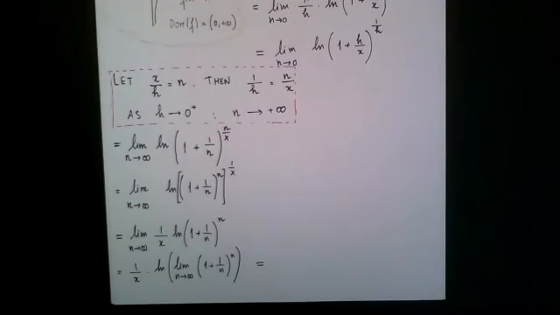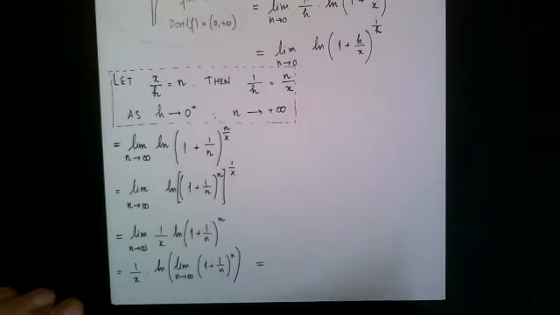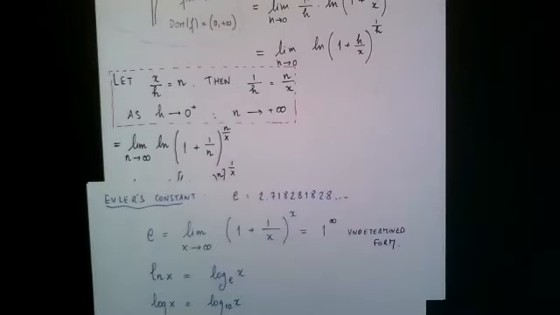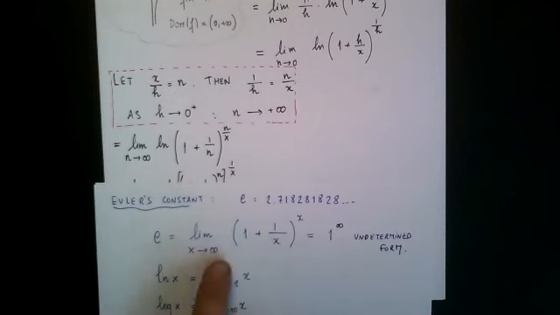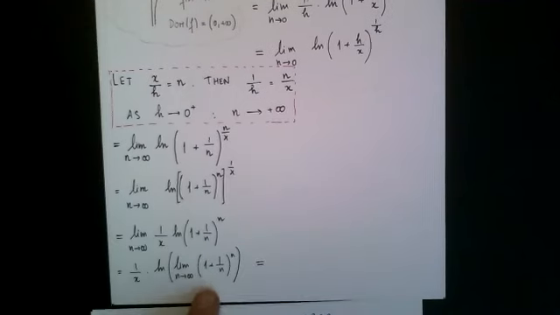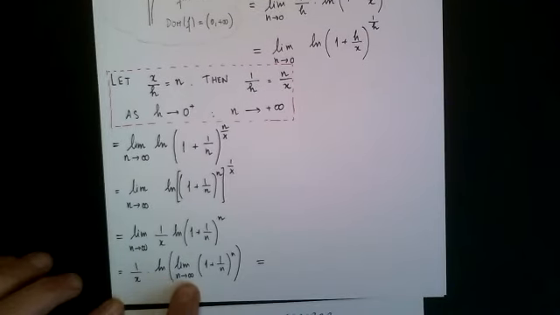I'm just going to remind you of something here. Remember what I wrote here: the limit as x approaches infinity of 1 plus 1 over x to the power x, that's e. And that's exactly what I have here: the limit as n approaches infinity of 1 plus 1 over n to the power n.